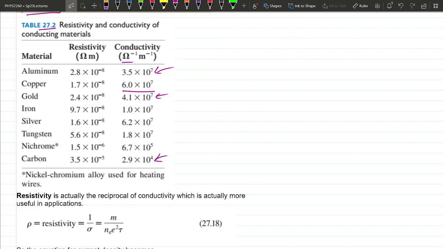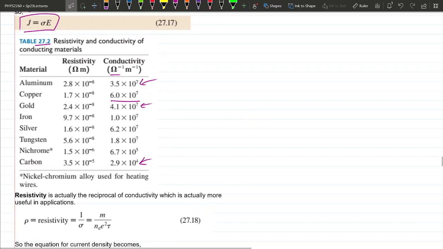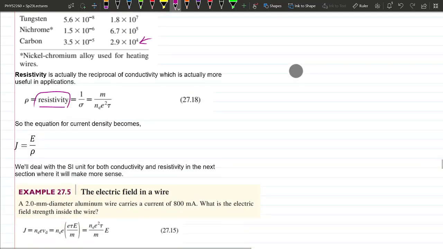One more backflip. It's often easier to work with a different quantity than conductivity, and this is called resistivity. Resistivity is just the inverse of conductivity, just 1 over conductivity. We're going to see how resistivity turns into Ohm's law, which is the goal of this chapter.